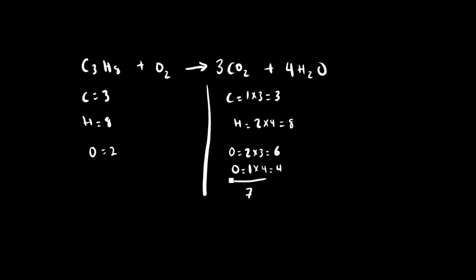So a total of 10 oxygen on the right. So the only thing left now to balance is the oxygen. Least common multiple of 2 and 10 is 10, so a coefficient of 5 in front of the oxygen on the left hand side is going to balance this equation.